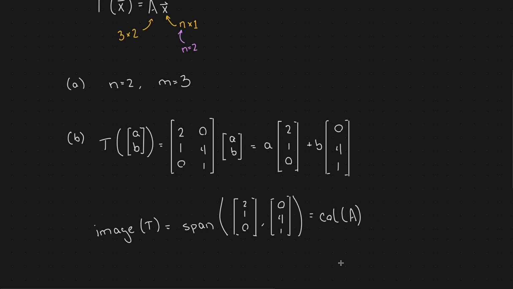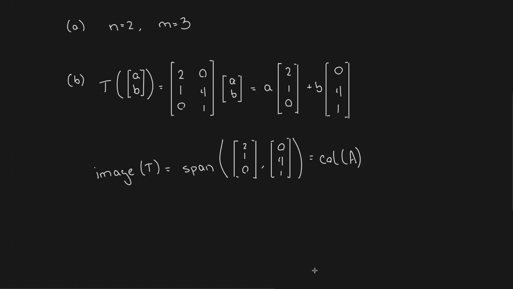In this case, the two columns of the matrix, you can see pretty quickly just eyeballing it, are linearly independent. And so they form a basis for the column space. So if I have a two-dimensional vector space, that's going to be a plane.